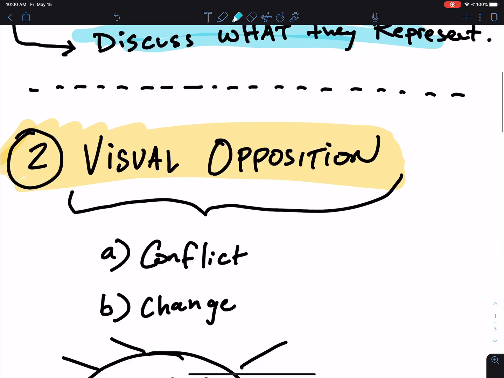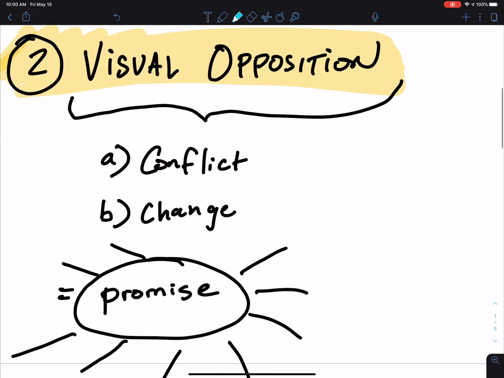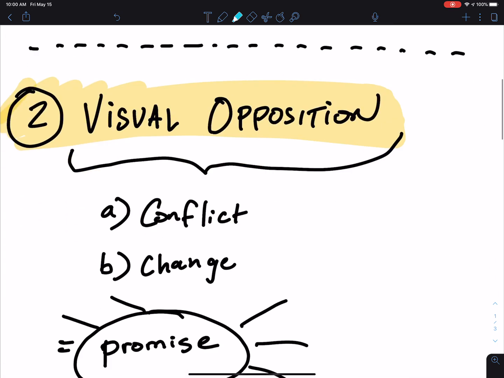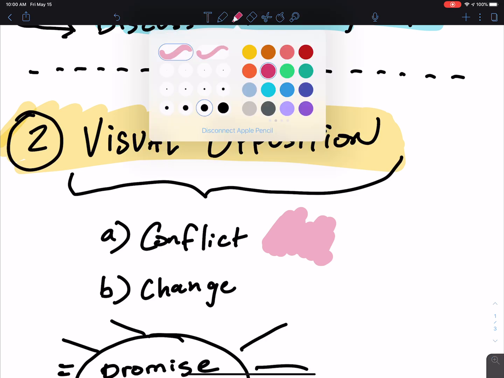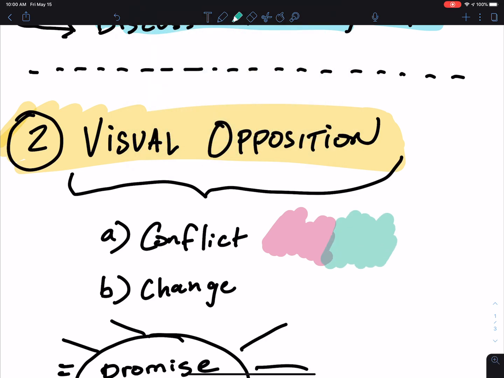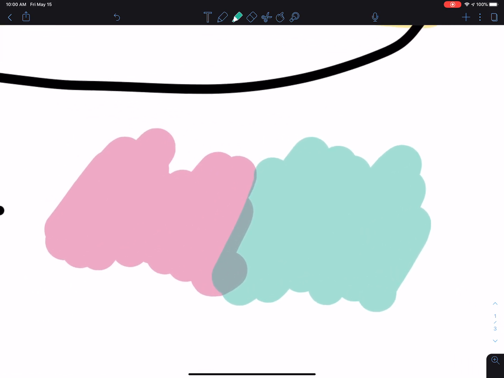And then when I talk about visual opposition, we're going to look for conflict, right? So how do we show conflict in the mask? Well, we show it by putting the negative and the positive next to each other, right? Two opposites, red and green.